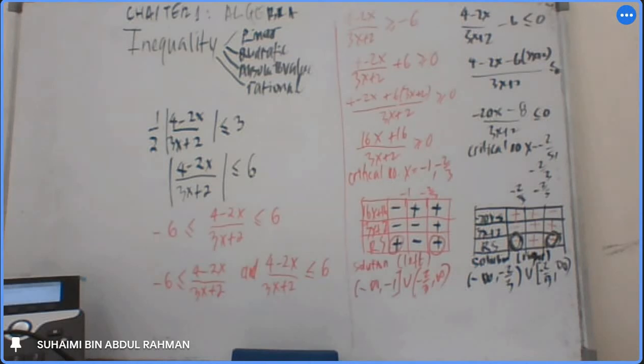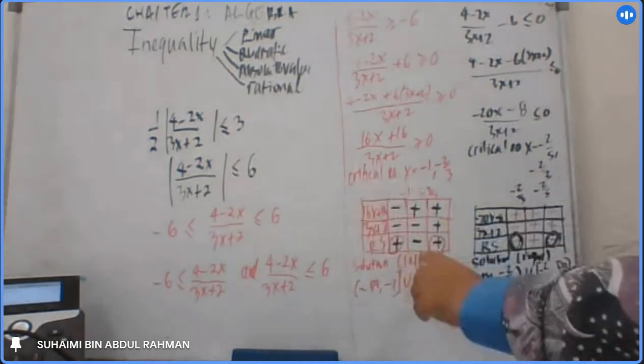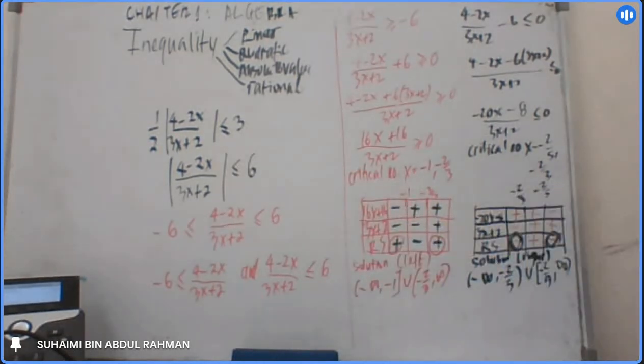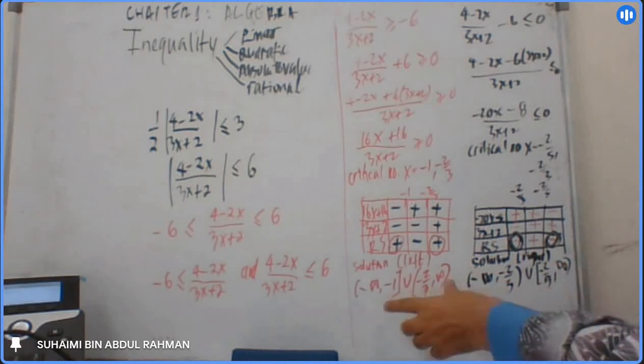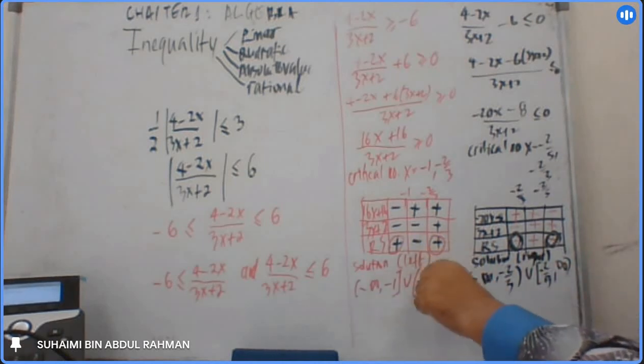Instead of negative, because we chose negative before, we're supposed to choose positive, because it is greater than. Can you see why we changed here? Because we're supposed to choose positive, not negative.